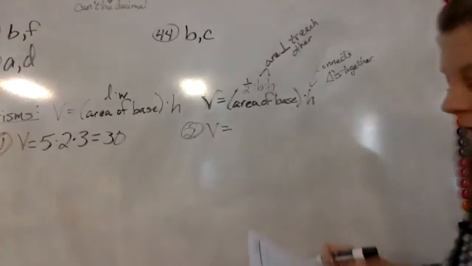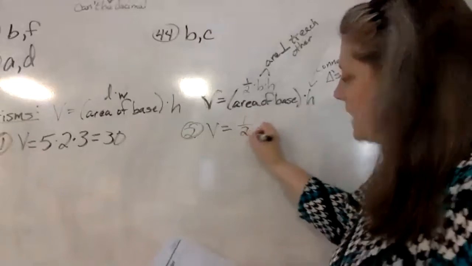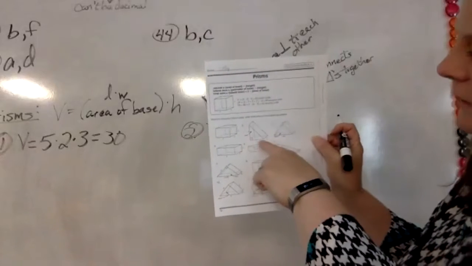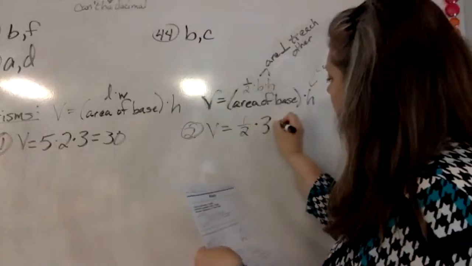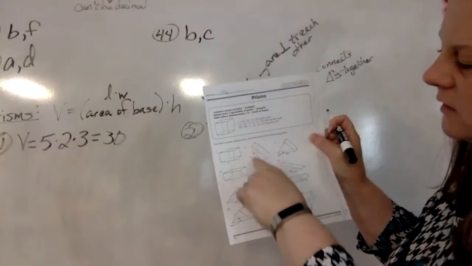For number 2, for my volume, I have 1/2 times, what is the base of the triangle? 3. The height of the triangle is the side that's perpendicular to it, so that's 4.